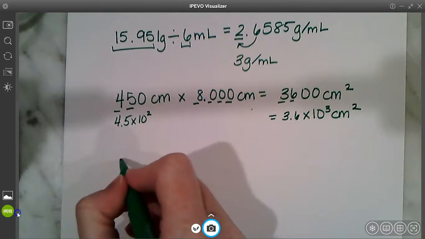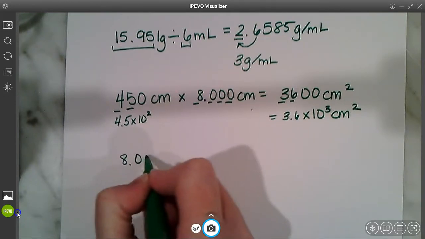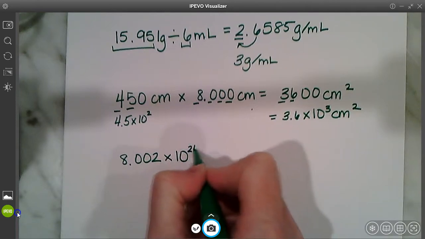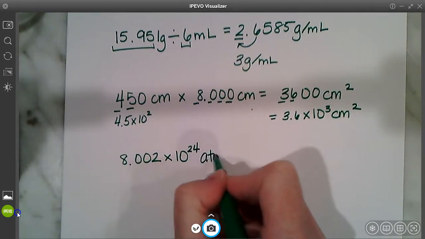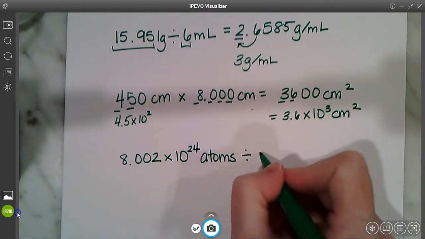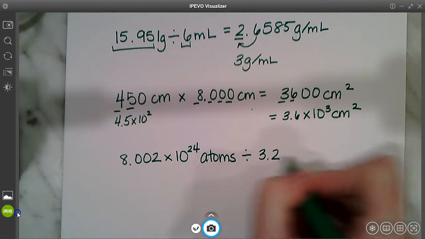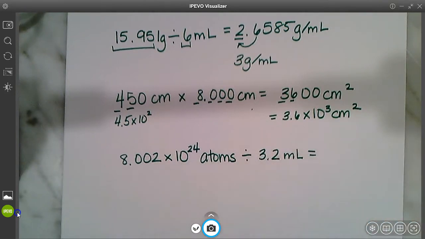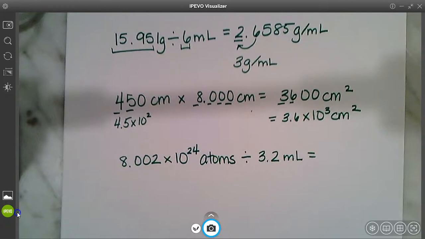Let's say I have 8.002 times 10 to the 24th atoms, and I am dividing that by 3.2 milliliters. So 8.002 E24, to do that in your calculator, divided by 3.2.